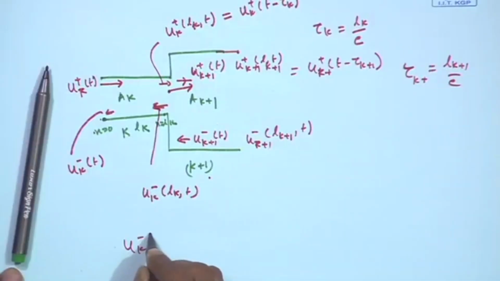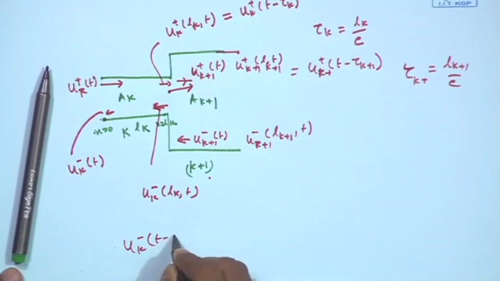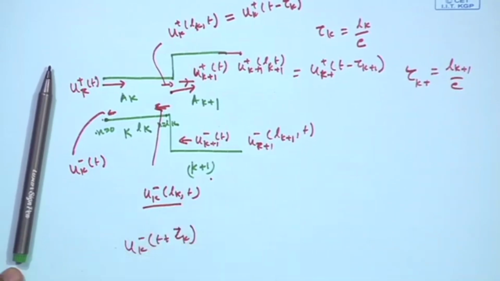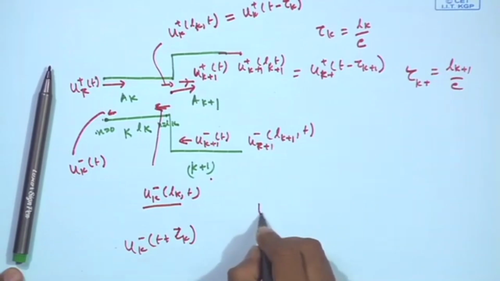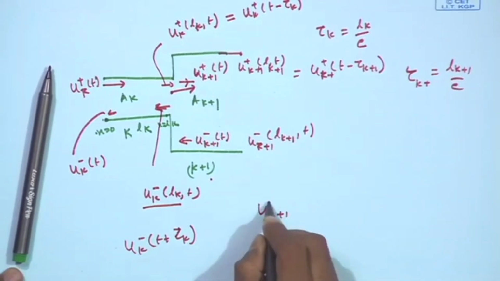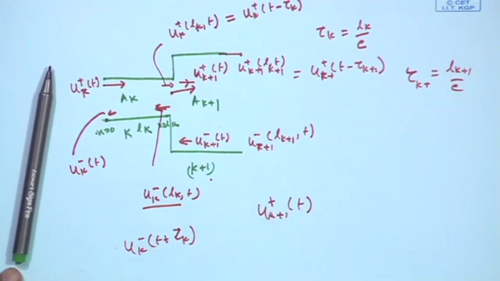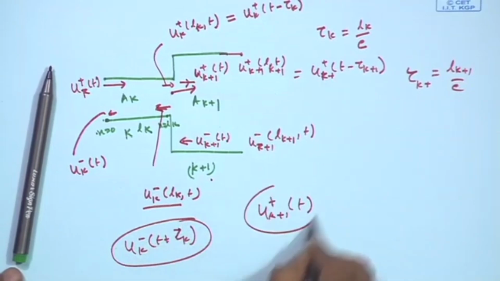So I want to know the expression of u_k minus (t plus tau k), this one, and I want to find out u_{k+1} plus (t), these two expressions I want to find out.